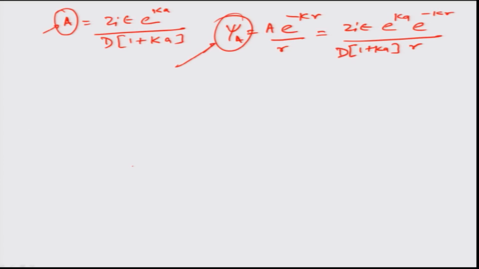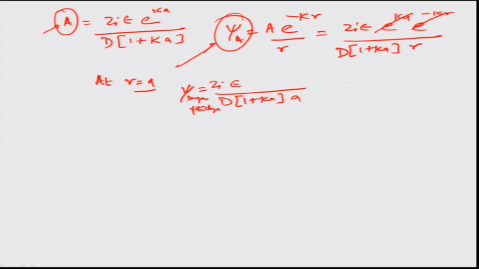Further, if I wanted to see what is the contribution from the ion and what is that from the atmosphere, I can resolve this in a manner that it can be calculated at the point r equal to a. If I substitute that here, these are going to go away, and we are left with the potential function at the surface of the charge as Zi epsilon divided by d times 1 plus k a times a.